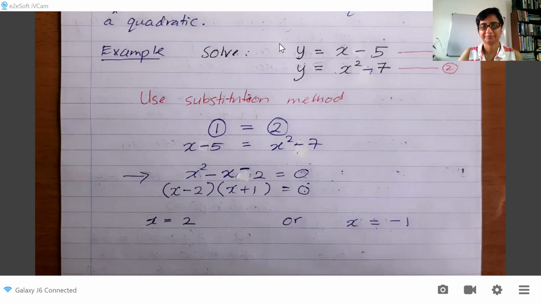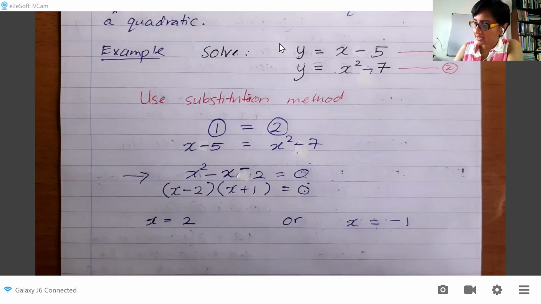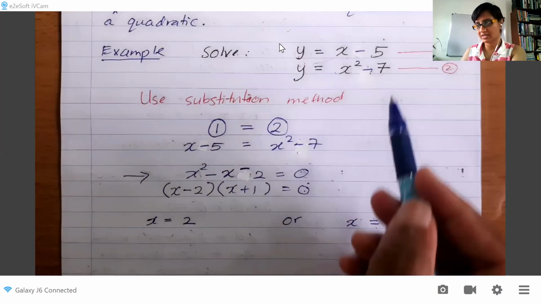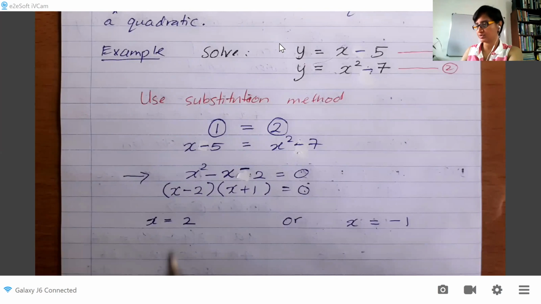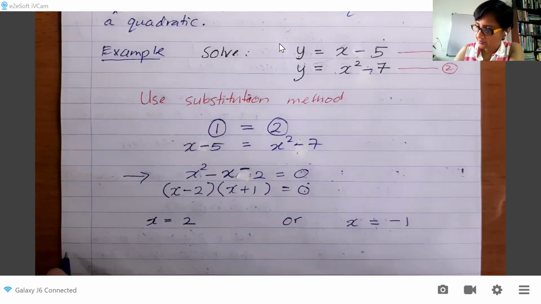Okay. So you get 2 answers for x. Then you would get 2 corresponding answers for y. You can go back and substitute these 2 solutions in either one of your original equations, either in 1 or in 2. It's easier to take the linear one, isn't it? So let's sub in 1.